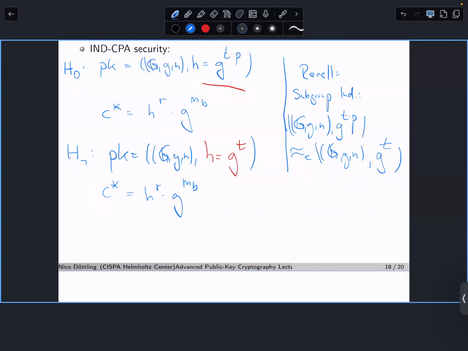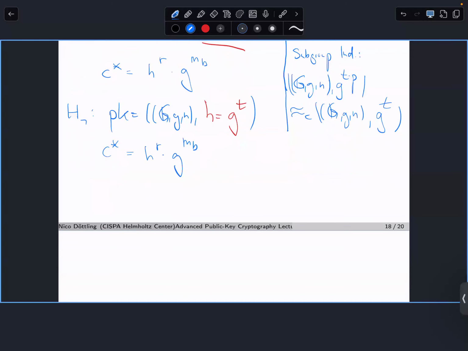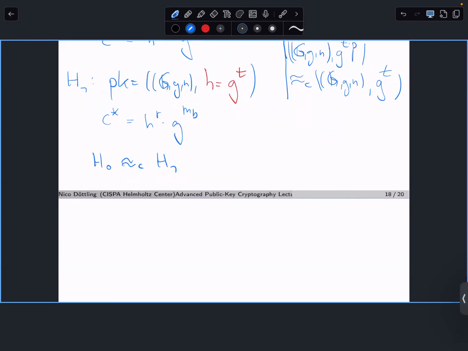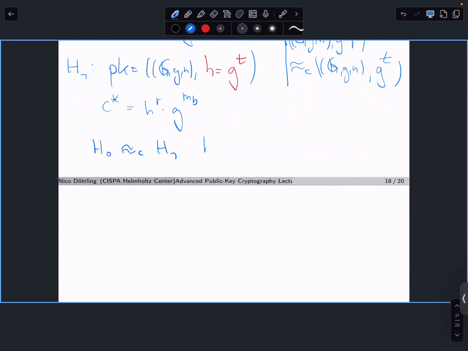Okay, and hence we have H0 is computationally indistinguishable, meaning the advantage of an IND-CPA adversary in H0 cannot be further than negligibly close to that of the same adversary in H1. Good. By subgroup indistinguishability.